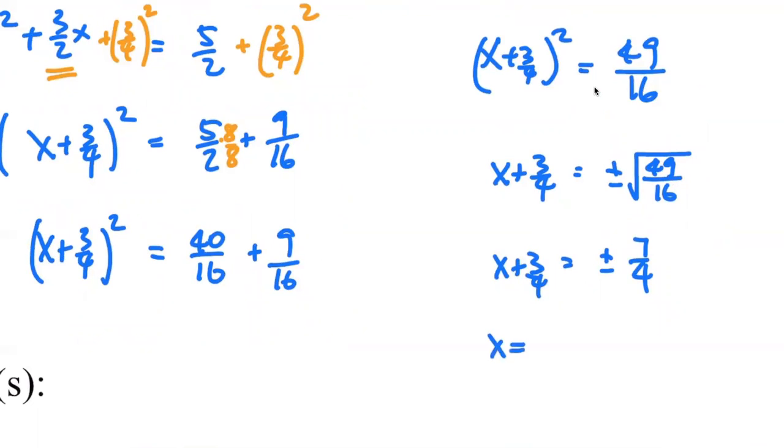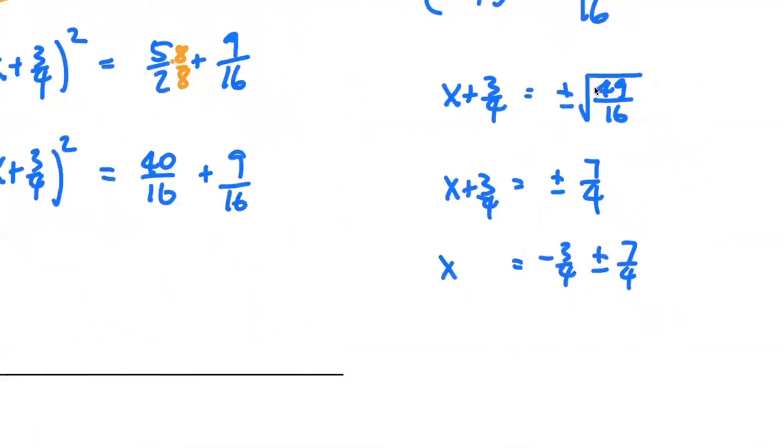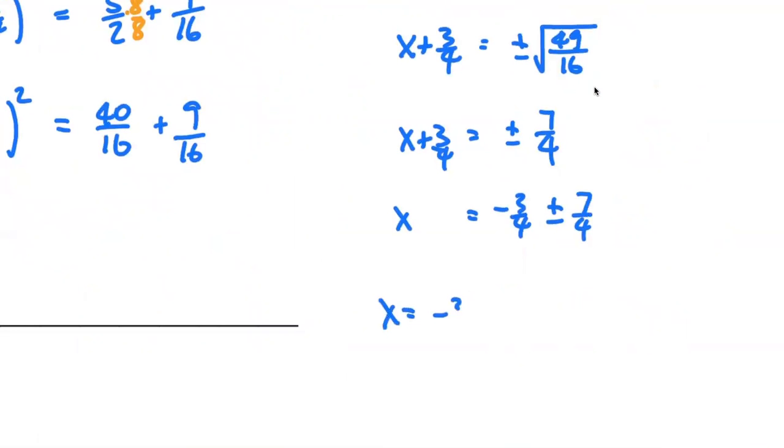So to get x by itself, you will subtract 3/4 on both sides. So that's what you have. And then let's go ahead and explore both scenarios. So you have -3/4 plus 7/4, and -3/4 minus 7/4.